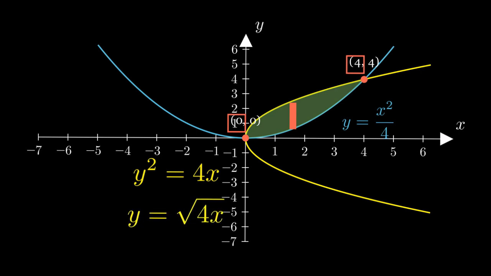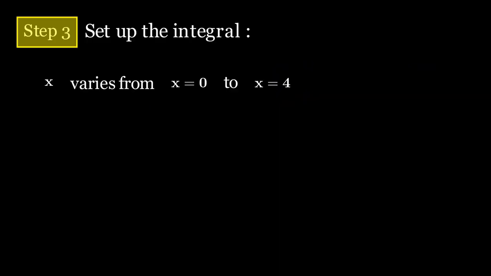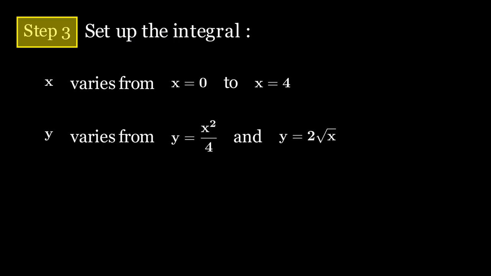Then y equals square root of 4x. Now y equals 2 square root of x. So, y varies from y equals x squared divided by 4 to y equals 2 root of x. The region is bounded by x equals 0 and x equals 4, and for each x, y ranges from x squared divided by 4 to 2 root of x.